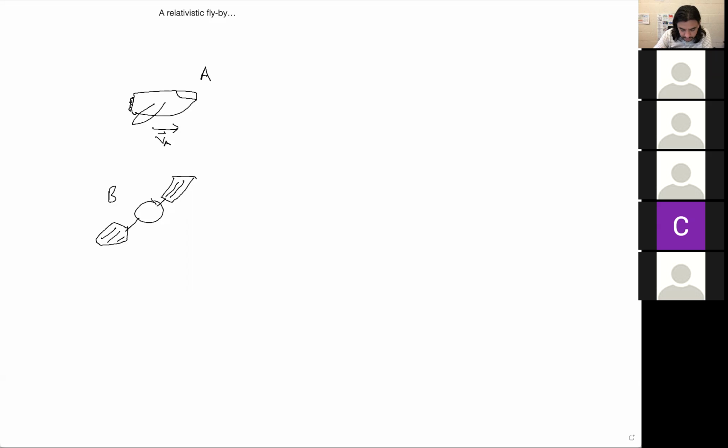So now you're the person on duty on the spaceship B, and you see that the length of A, you measured it at 50 meters.